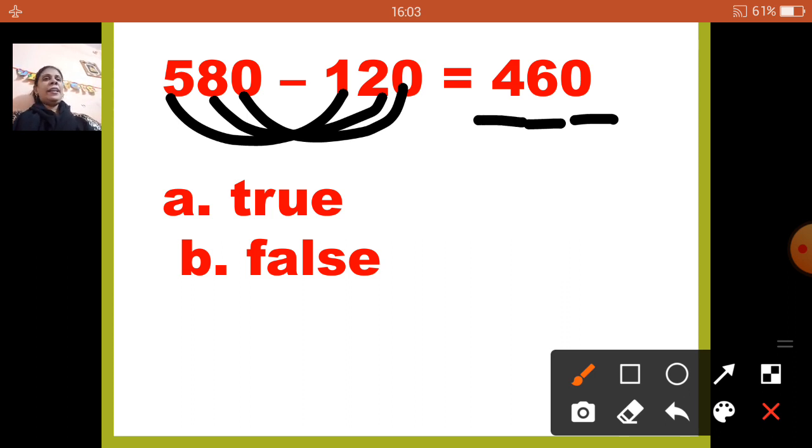So 580 minus 120 will be 460. That means our answer is correct. So if our answer is correct, is it true or false? Yes, it is true, because 580 minus 120 is 460. So it is true.